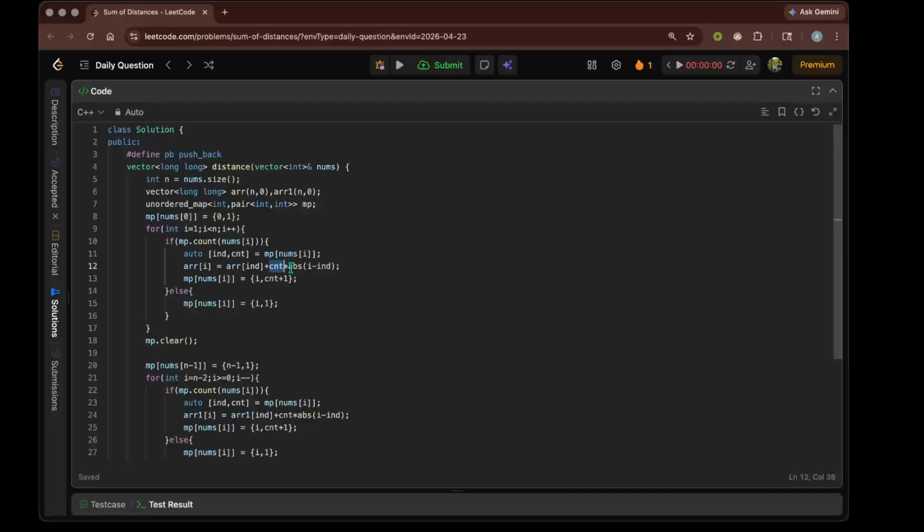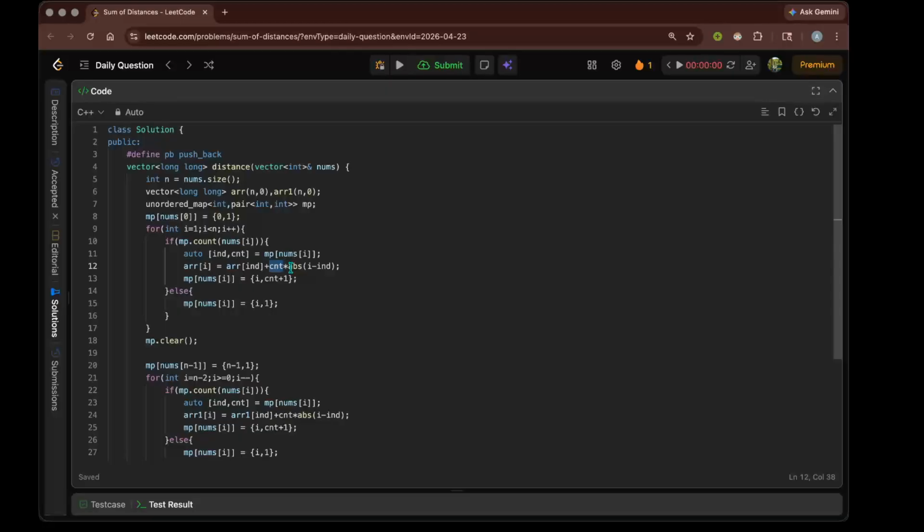Let me tell you again. So let's say we got 1 at zeroth index, first index, second index, third index, and for the third index we got the answer, best. Okay, so we are at, let's say, fourth, fifth, sixth index. We know the third index best from the array.